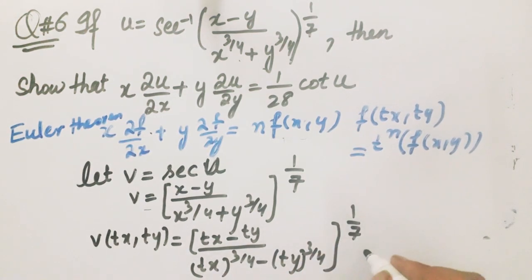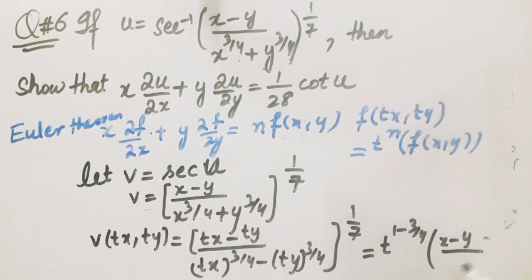Now we will simplify this. We will get t raised to power 1 minus 3 by 4, and the remaining function is (x minus y) by (x raised to power 3 by 4 plus y raised to power 3 by 4) and 1 by 7.